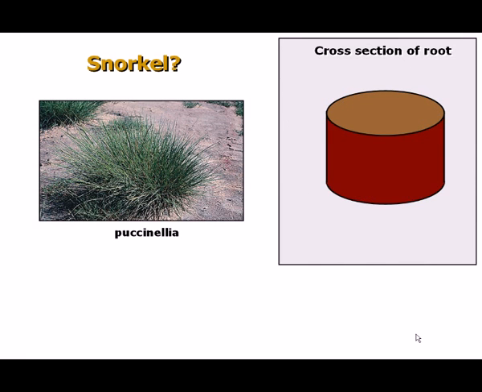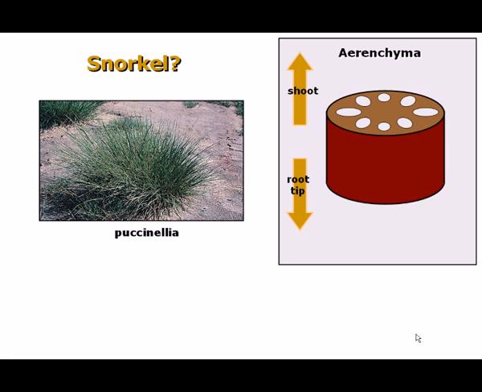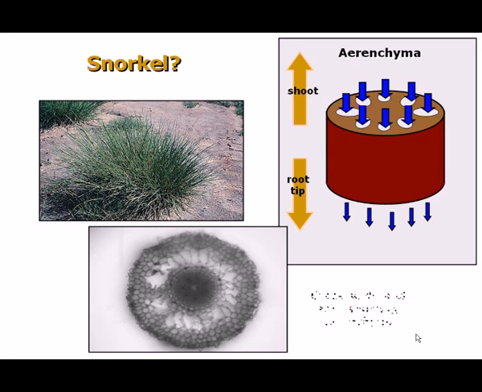If we take a cross-section of the root of Puccinellia that's been grown under waterlogged conditions, so the shoots are up there and the root tips down there, we find that it develops these holes on the inside of the root, in the cortex, which we call parenchyma, and these enable oxygen to be conducted from the surface of the soil down the inside of the root, so the root is acting as a snorkel towards the root tip, and that oxygen is sufficient to maintain all of the energy that the plant needs to perform its metabolic functions.